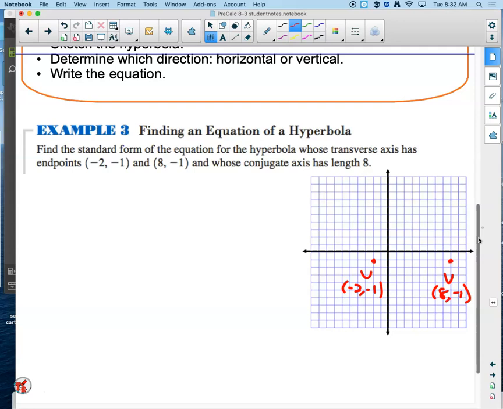Now that just gave me two things, if I can do the math right. It's going to give me the center, because the center is halfway between those two, and it's going to tell me what a is. So what I really care about here is the x values, because halfway between those two is the center. If I take -2 plus 8 and divide it by 2, I'm going to be at 3. My center will be at (3, -1).